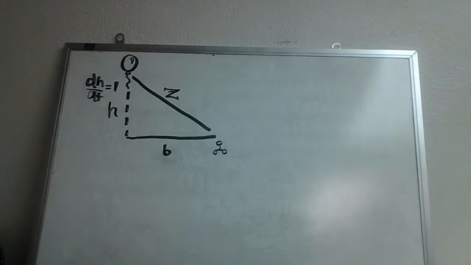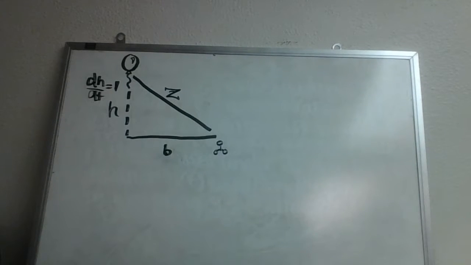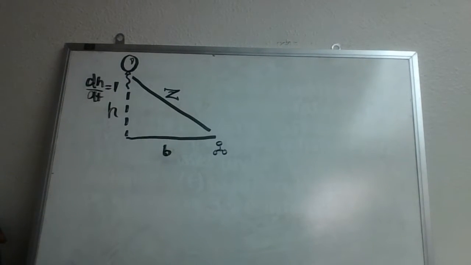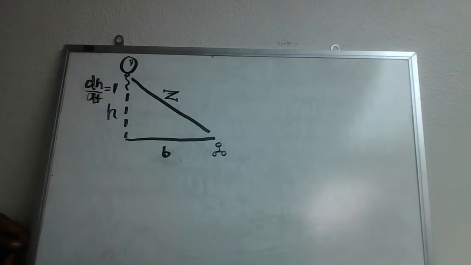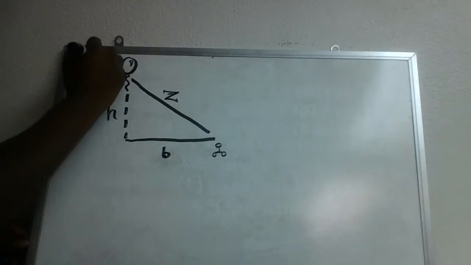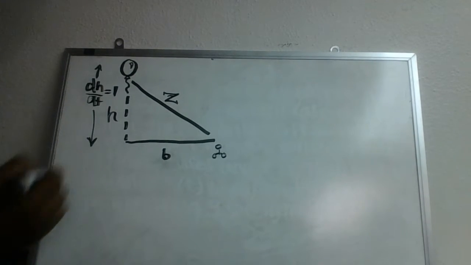Next, the bicycle is moving at a constant rate of 17 feet per second. Hold on, let's make this earlier, just to visualize it more.